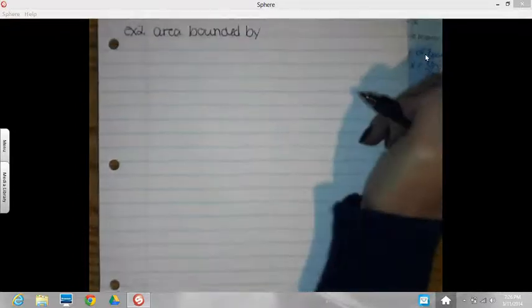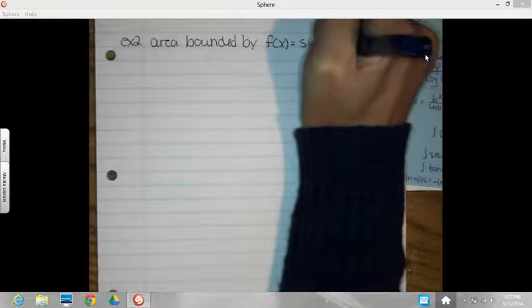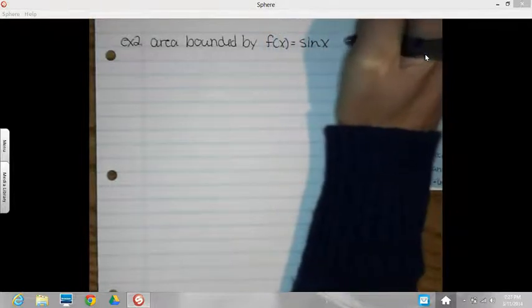Okay, number 2. We want the area bounded by f of x equals sine x and g of x equals cosine x.